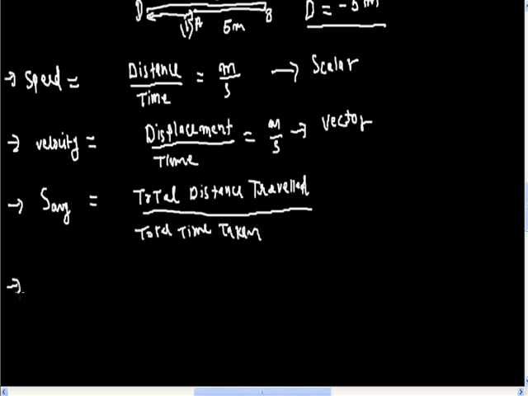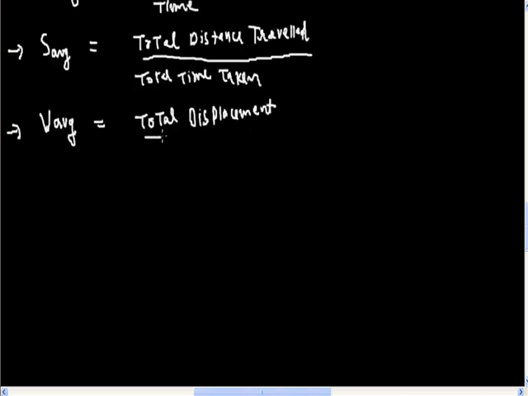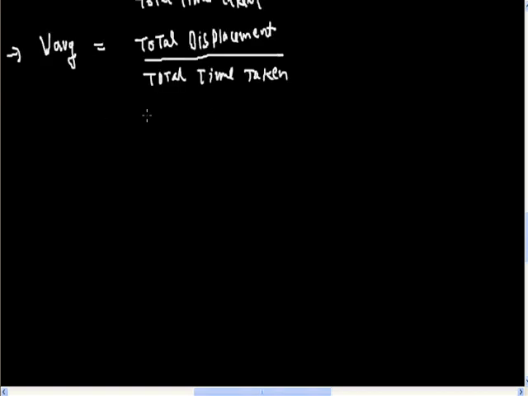Similarly, I can define average velocity as displacement upon time. Now let's see an example about average speed and average velocity.